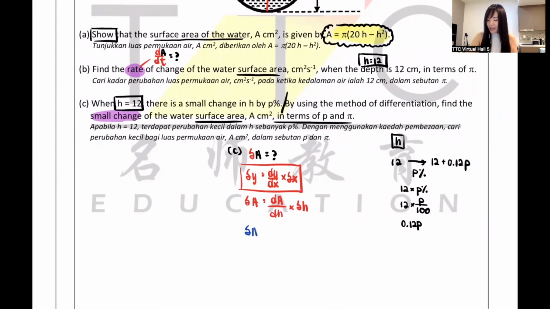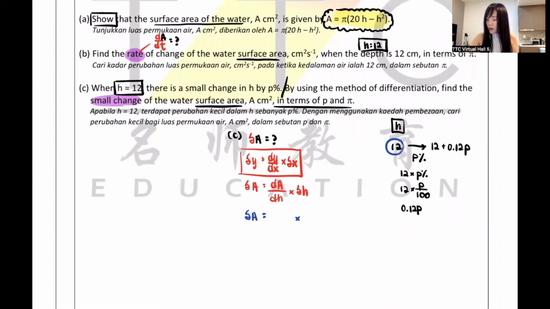So delta A equals dA/dH times delta H. Your H from 12 becomes 12 plus 0.12p, so your delta H is 0.12p.